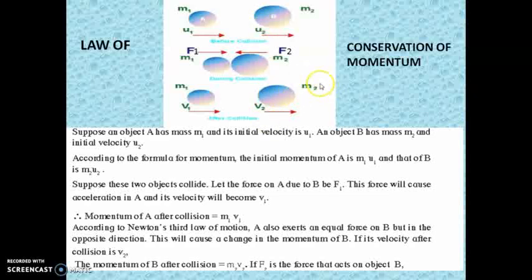Its mass is the same, m2, so its momentum after collision will be m2v2. So for B also, from m2u2 it has changed to m2v2. F1 is acting on A, F2 is acting on B.